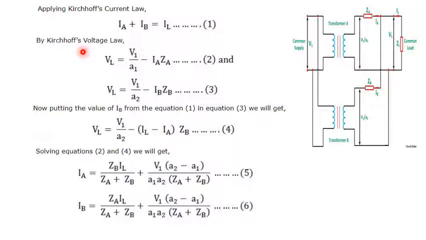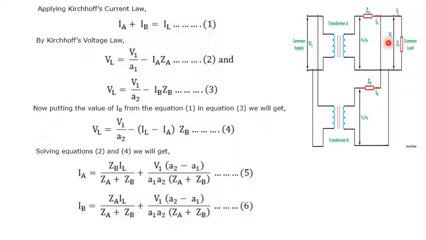Now apply Kirchhoff's voltage law for both the transformers. Let us consider transformer A. If I apply Kirchhoff's voltage law on the transformer A secondary side, then we get VL is equal to VA by A1 minus IA ZA. See here, this is the VL voltage.